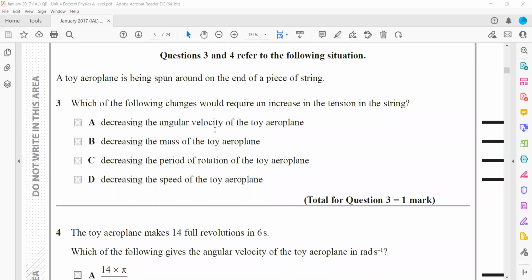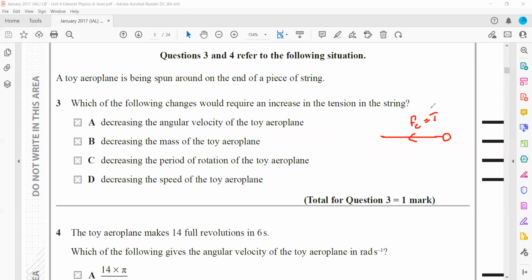Question 3 and 4 refer to the following situation. A toy airplane is being spun around on a piece of string. Which of the following changes would require an increase in the tension? Because it is moving in a circular path, the force applied is a centripetal force.